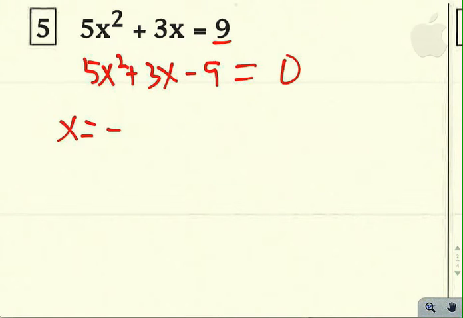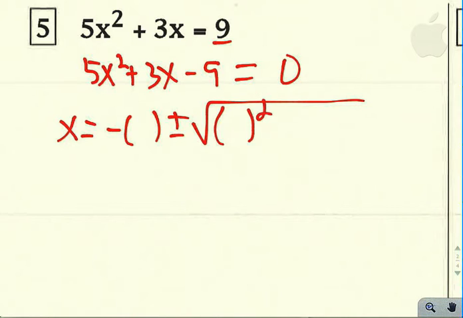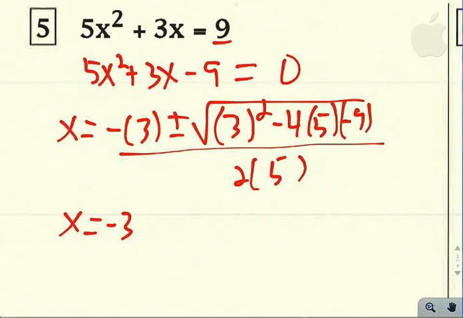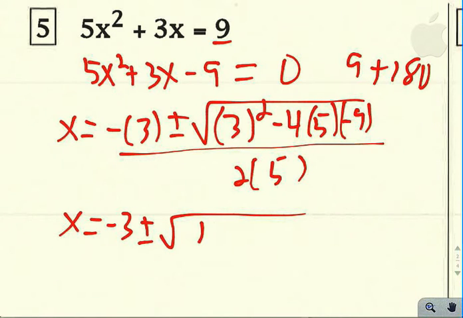X then would be minus b plus or minus the square root b squared minus 4ac all over 2a. b is 3, a is 5, and c is negative 9. So x would be minus 3 plus or minus the square root. Under the square root, we have 9 plus, let's see, 4 times 5 is 20, times 9 is 180. So 189.